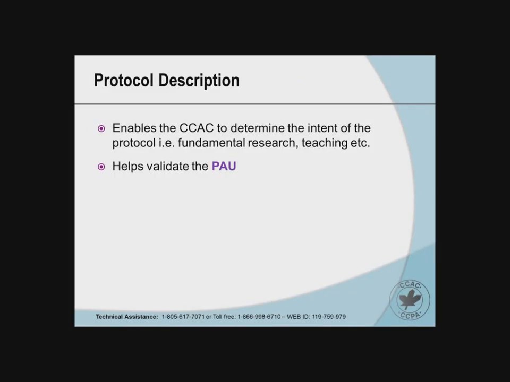So the protocol description should enable the reader to clearly identify the purpose of animal use. This is used by the CCAC to ensure that the purpose of animal use has been correctly assigned. The one change that we have requested is for protocol descriptions of regulatory tests to identify the name of the regulatory test itself.